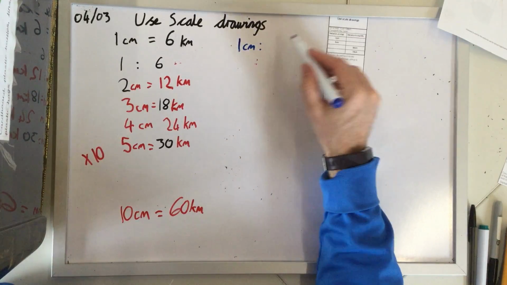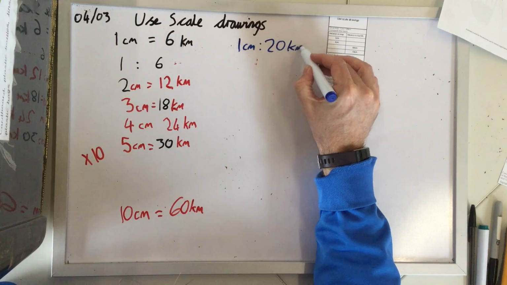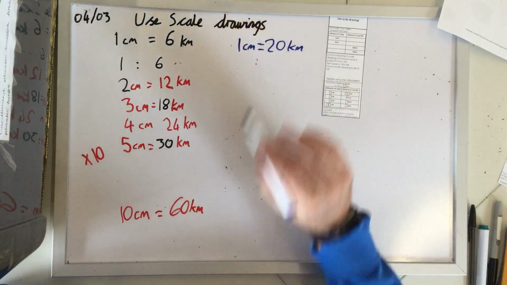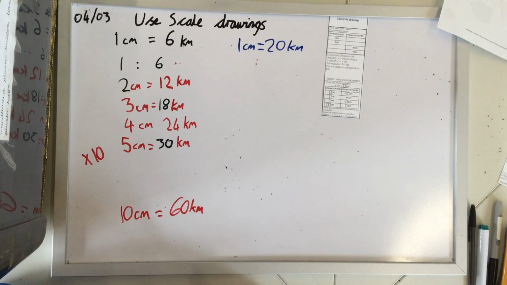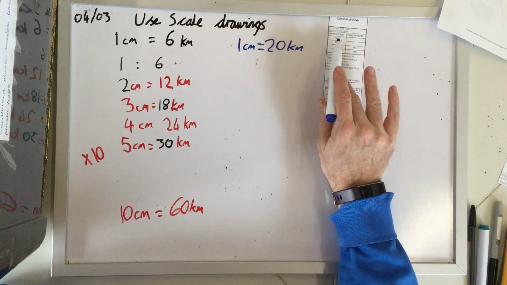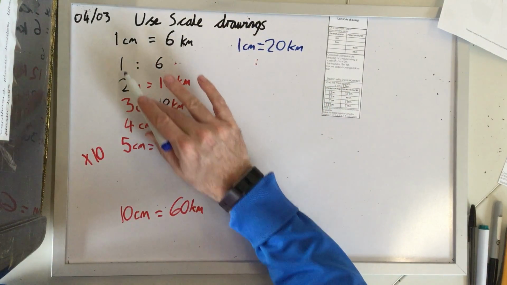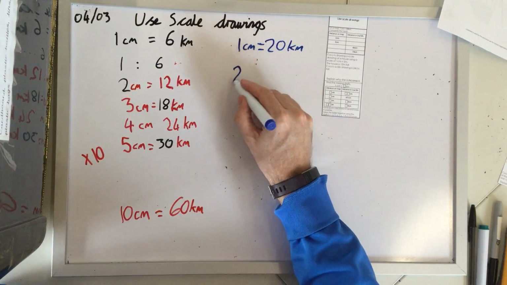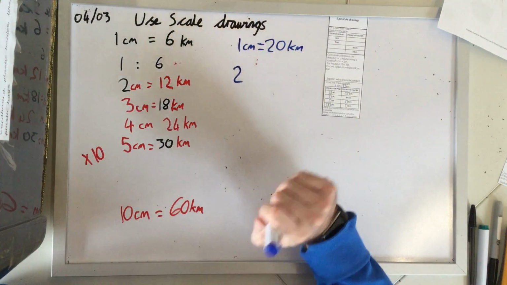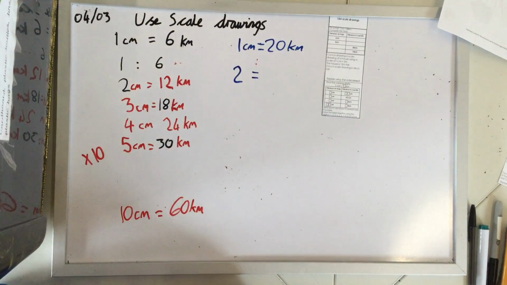On the first challenge, 1 centimetre equals 20 kilometres. Okay, that's your scale, that's the ratio. So, and you've got 2 here, is your first one to find the actual distance. Yeah, remember what we did here, so that's doubled. So this will double, just here. So 20 doubled. I'll let you work that out.